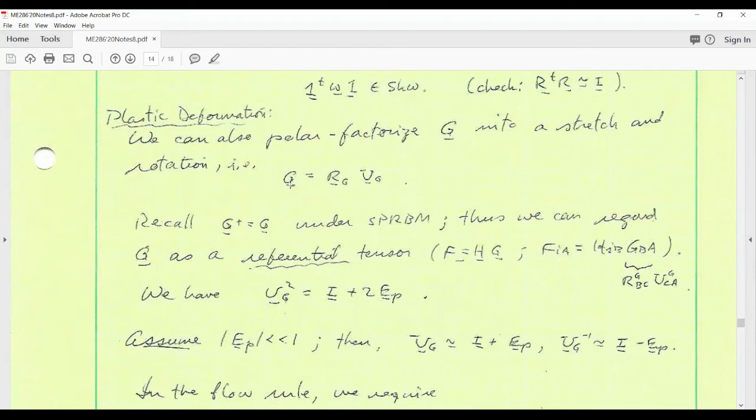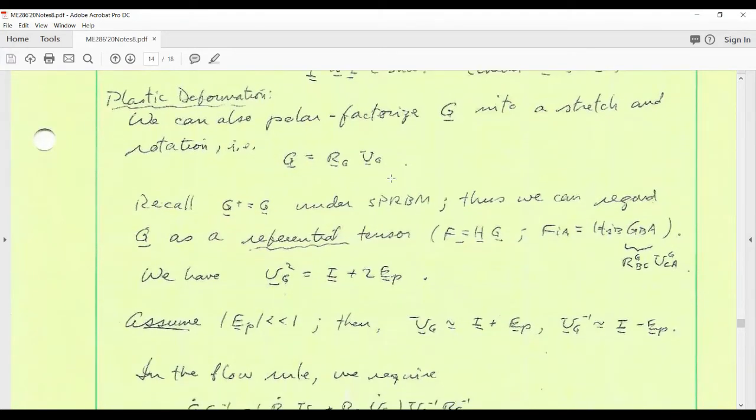G, remember, by assumption, has positive determinant, so this R_G will be a rotation, and U_G will be positive definite and symmetric. If you go back in the course, we demonstrated previously that G is actually invariant under superposed rigid body motions. So it's entirely consistent to regard G as a purely referential tensor. It maps the vector space E that we described last time into itself.